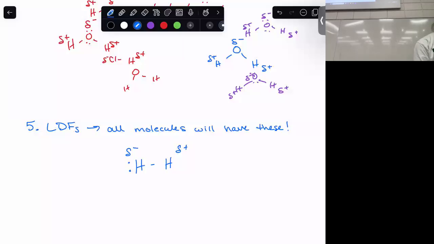That's going to interact with another molecule right next to it. Since this makes a partial negative, that's going to push the electrons away, creating a partial positive and a partial negative here, and that keeps on building up. But the electrons are constantly moving, so this dipole is constantly changing, and that's what's holding all of the atoms close together, because of these electrons constantly moving around the atom. So it makes the nonpolar molecule polar for just a split second, and then it's gone, or then it's in a different direction.